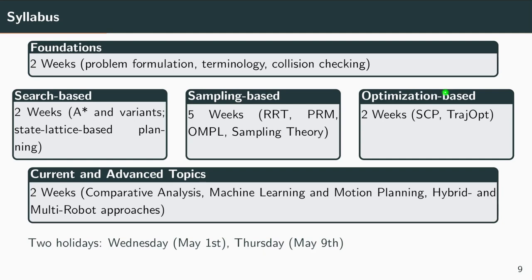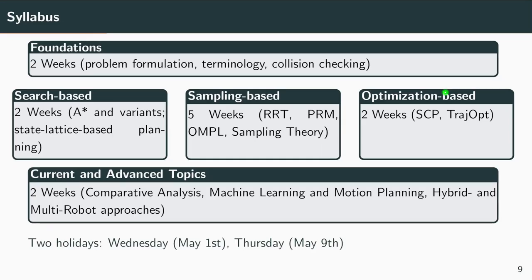And so we will spend 5 weeks on it. So we look at important algorithms. If you have taken the robotics class by Professor Brock, you've definitely heard of RRT before. But we will dive into many variants of it and also look at some of the proofs on how we can actually show that those are good algorithms.